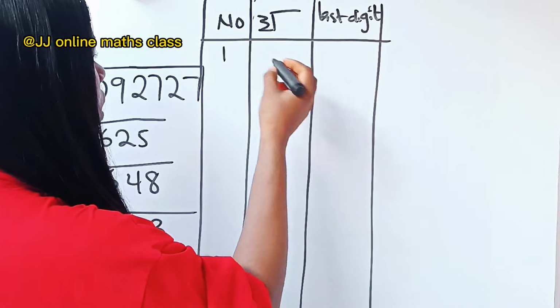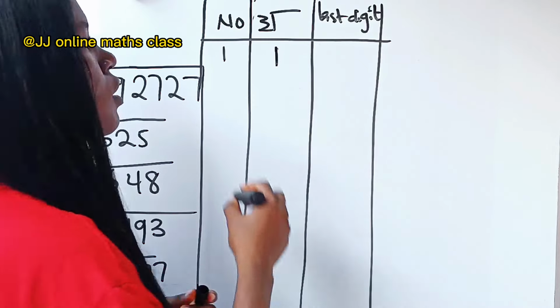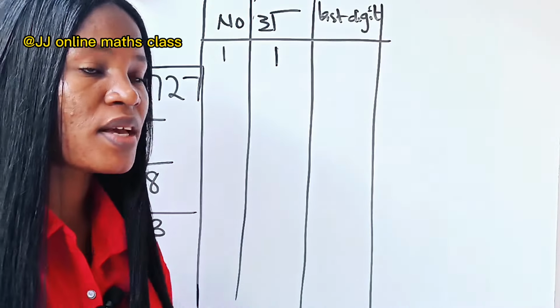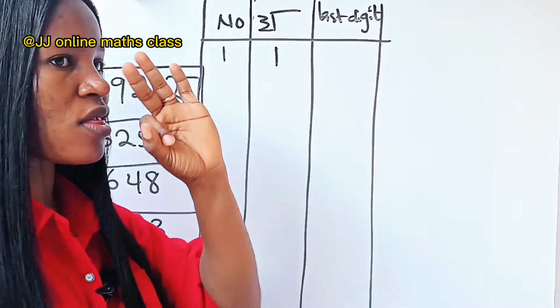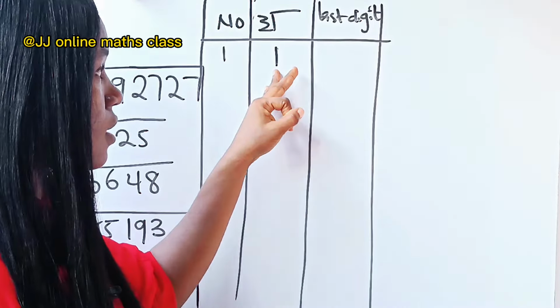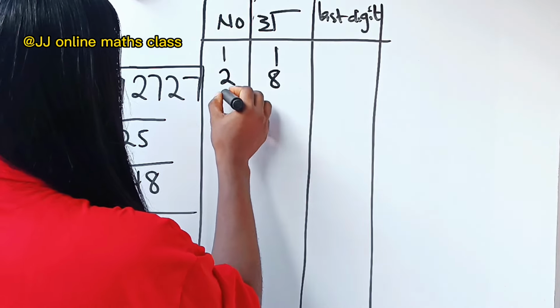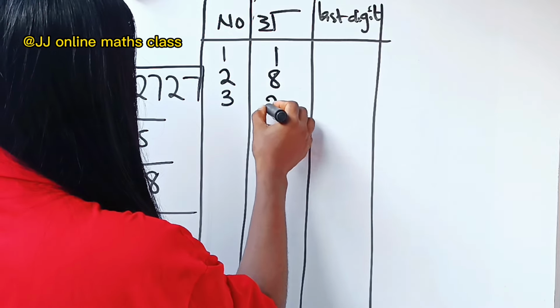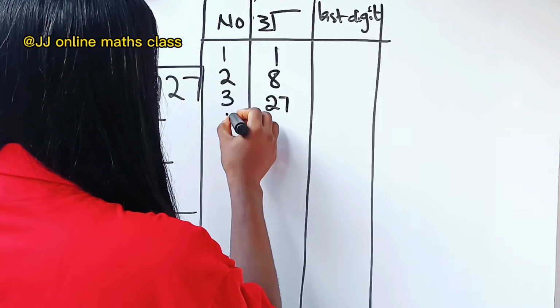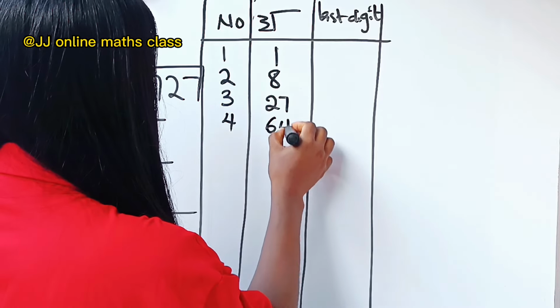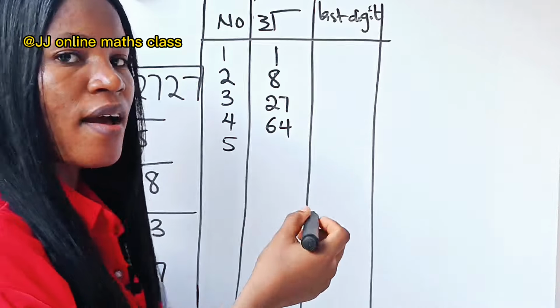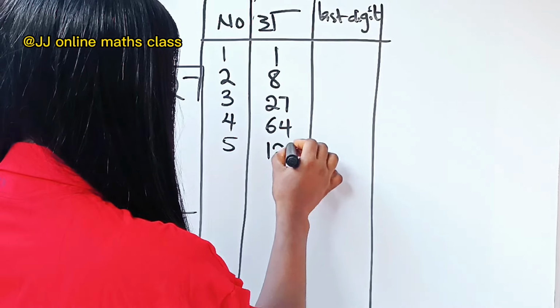The cube of 1 is 1. For those that don't know what it means, if you multiply 1 three times, what will you get? You still get 1. The cube of 2 is 8. The cube of 3 is 27. The cube of 4 is 64. The cube of 5 is 125.